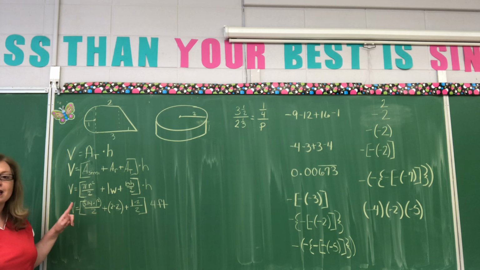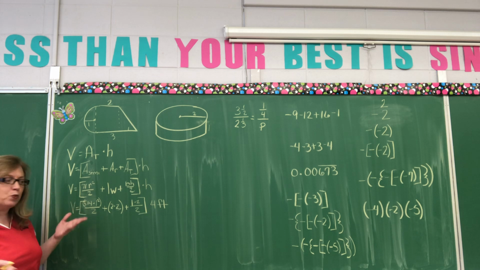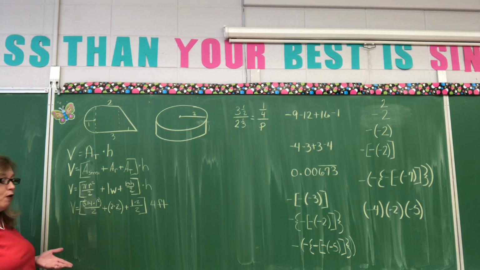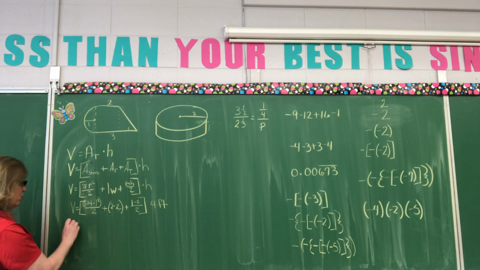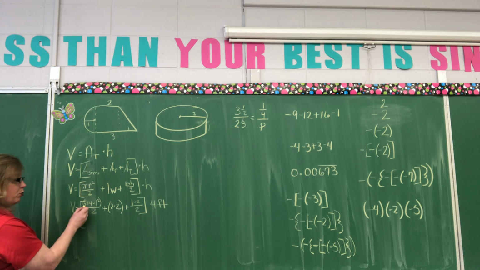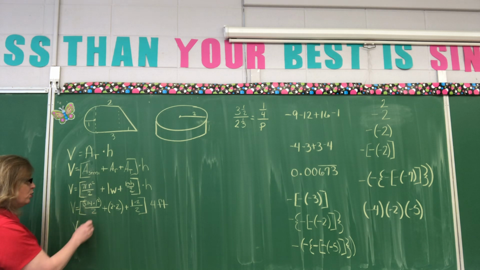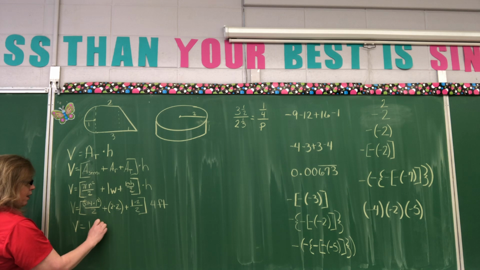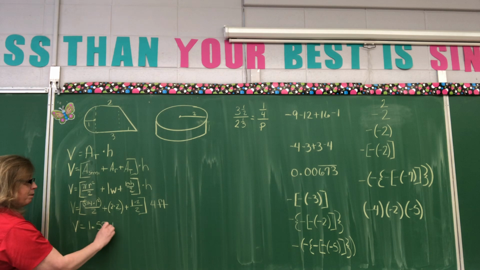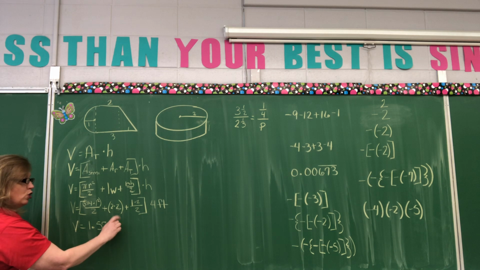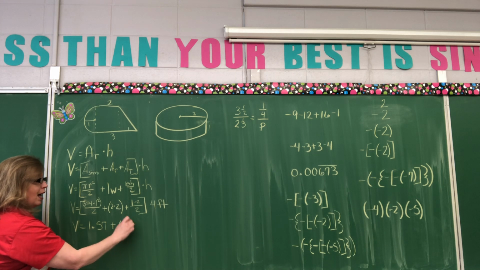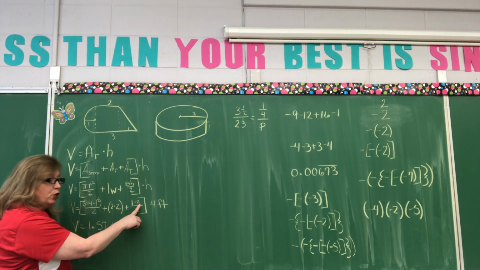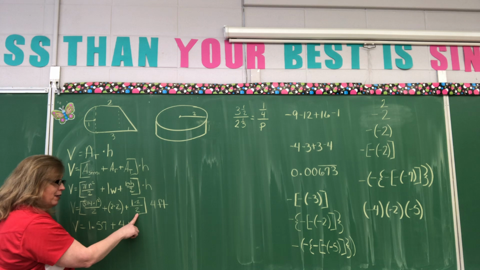We have 3.14 times 1 squared. 1 squared is 1 times 1, so that is what? 3.14. And we're going to divide it by 2. So really, we're saying 3.14 divided by 2. So we go here 1, and then we have 1 left over, so we're going to put a point there. We have 5, 1.57 plus 2 times 2 is 4 plus 1 times 2 is 2, divided by 2.